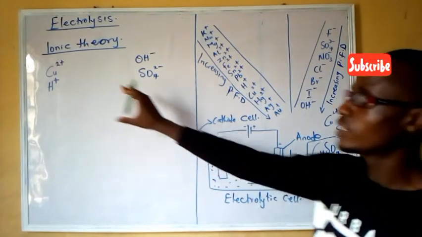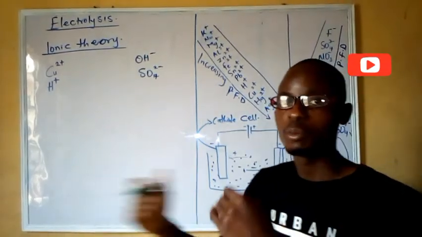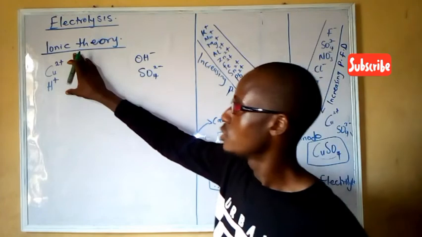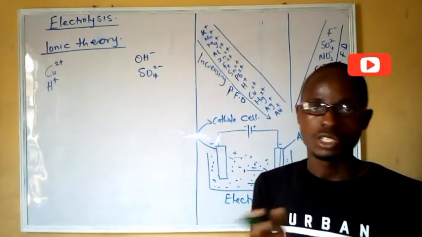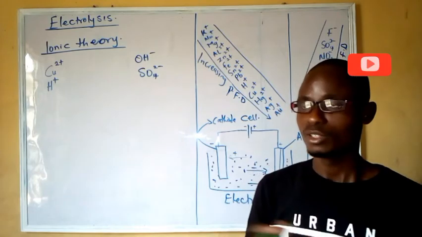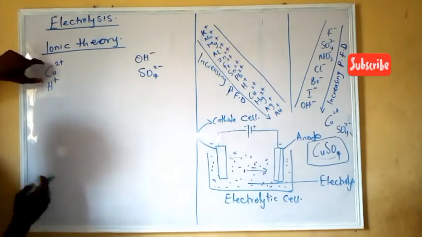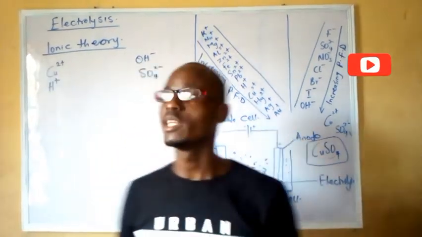When they get to the anode, they fight for preferential discharge, which one is to come out first. Also, when they get to the cathode, they fight for preferential discharge, which one is to be discharged first. Good. But Cu2+, which is the copper ion, is fortunate to come out first at the cathode.